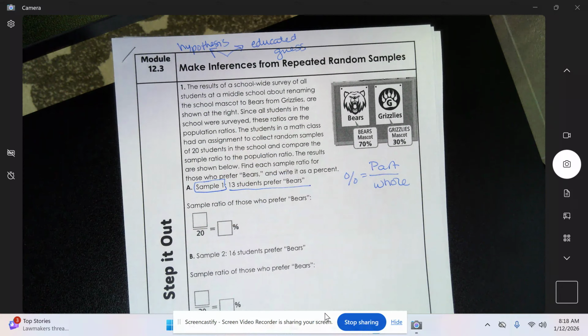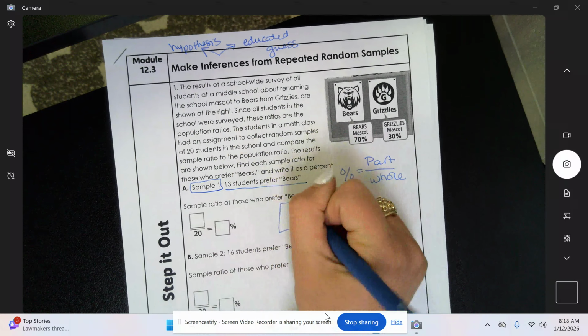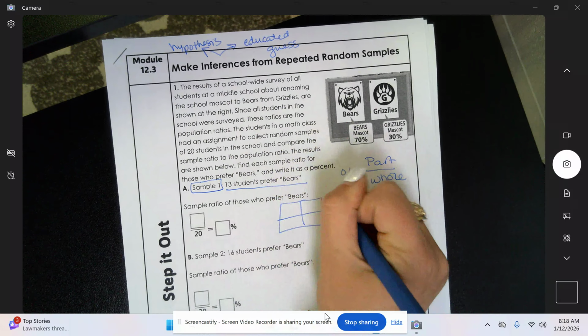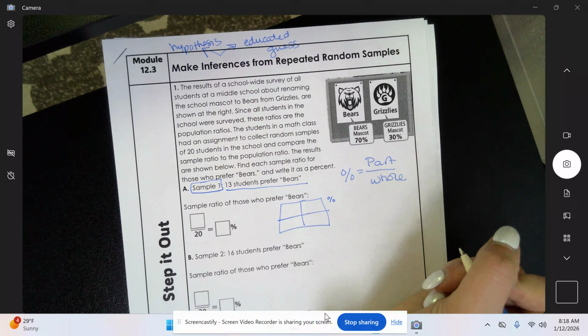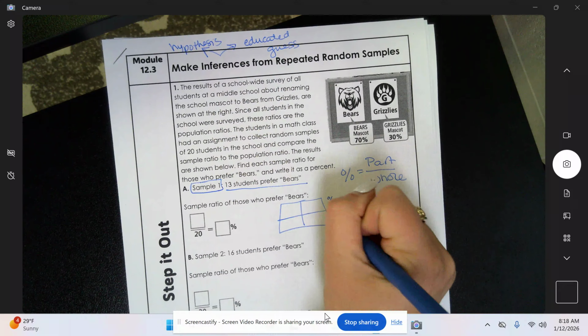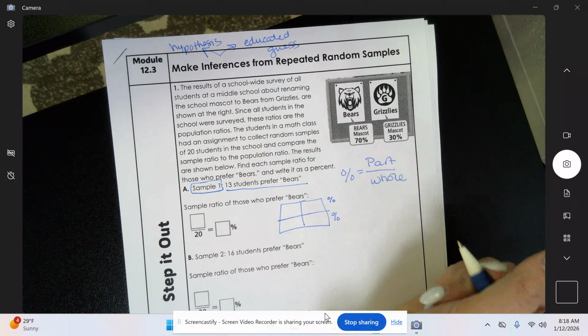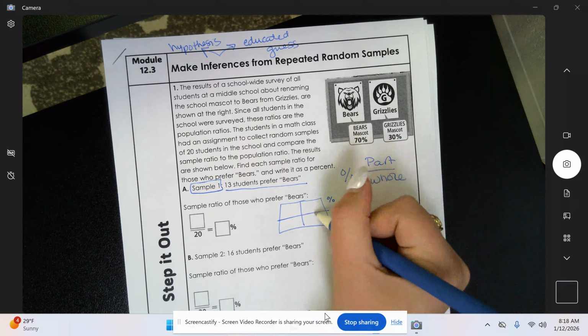When we've gone to find a percent, what strategy have we used before for percent? The percent box. When in doubt, put it in a box. Do you remember your labels for a percent box? What always goes in this box?